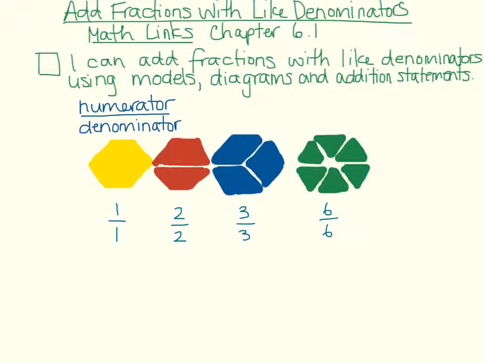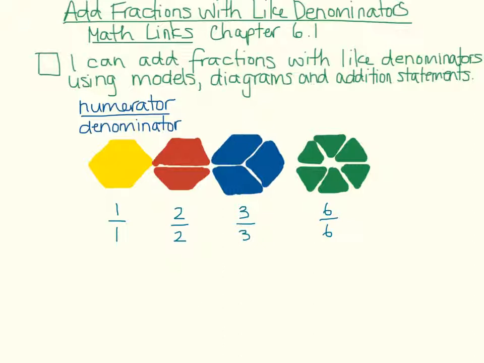We can use pattern blocks to help us estimate equivalent fractions when we're adding or when we're just looking at fractions in general. Remember, the yellow pattern blocks represent the whole, so one piece out of one possible piece. With the red pattern blocks, it takes two of those pieces to make up the whole.